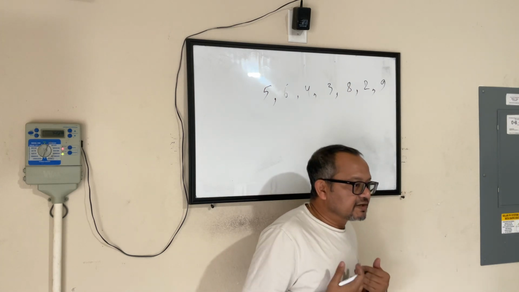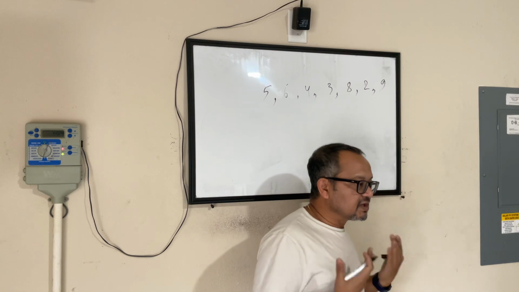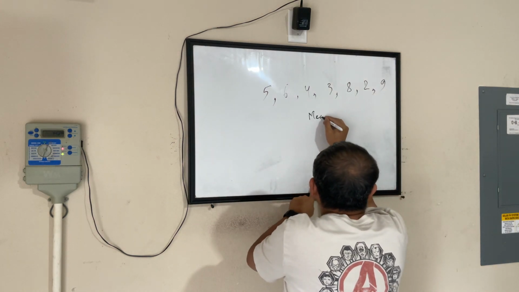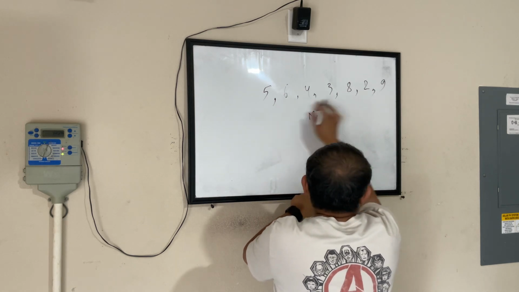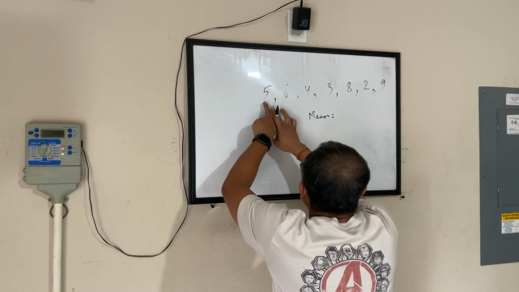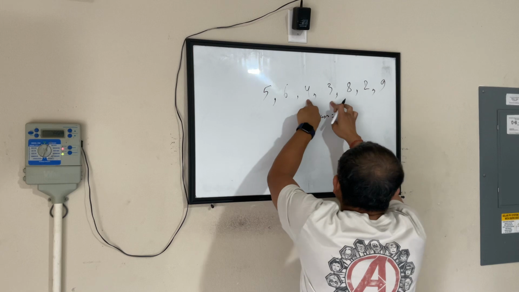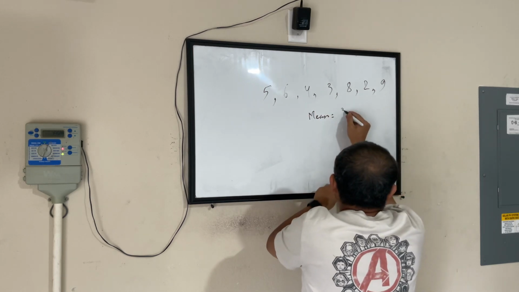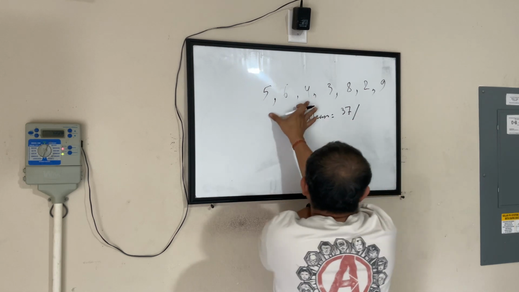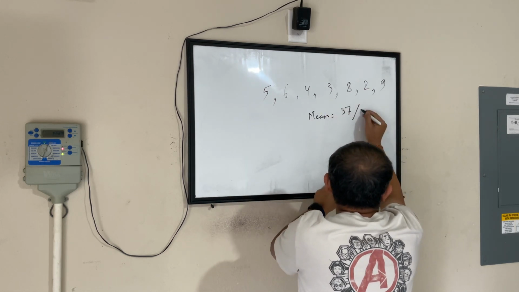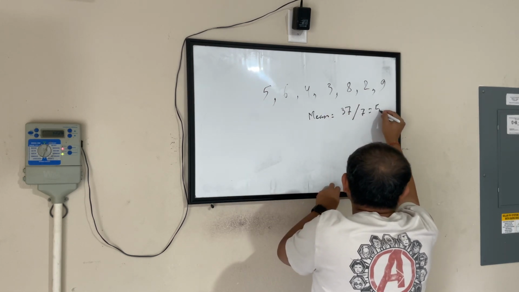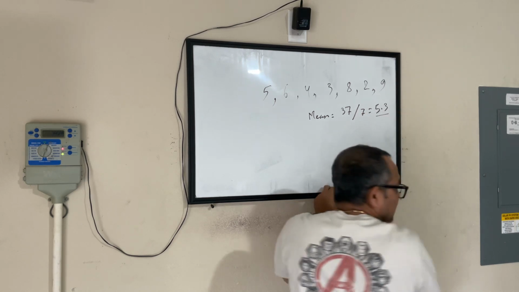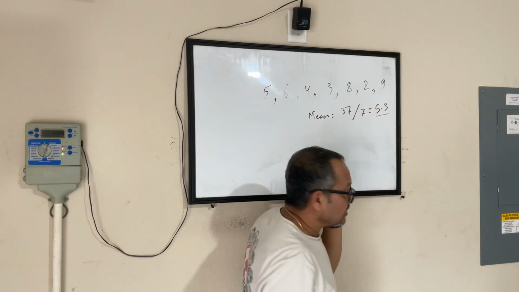Now, you guys said mean is nothing but the average. So I have to add them all together and find out the average. So 5 plus 6, 11 plus 4, 15 plus 3, 18 plus 8, 26 plus 2, 28 plus 9, 37. Divided by how many numbers? 3 plus 3 plus 1, 7. So 37 divided by 7, that is about 5.3.